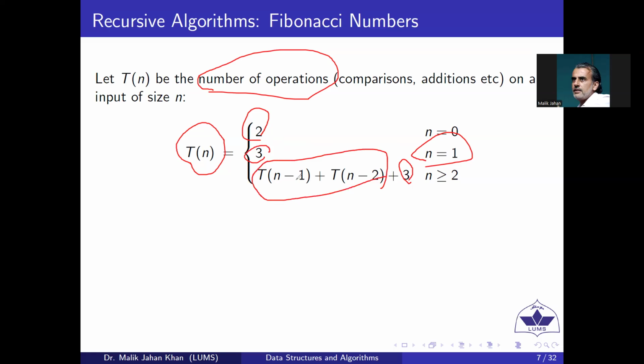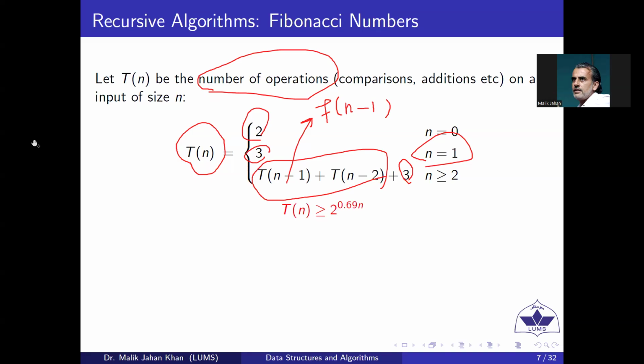T(n minus 1) is the amount of time to compute f of n minus 1, and T(n minus 2) is the amount of time required to compute f of n minus 2. When I say the time, I don't mean the physical time of the clock. By that, I mean the number of steps or operations required to get that task done. We are trying to approximate the number of steps of that particular operation.